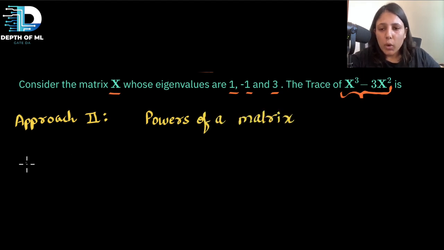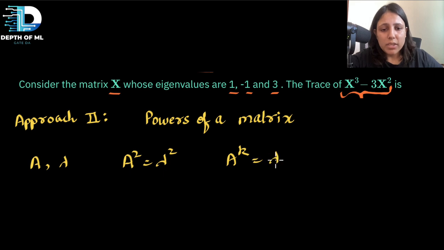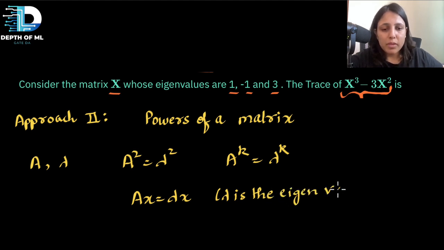So this comes from something known as powers of a matrix. What it says is that if A is a matrix with eigenvalue lambda, then A square will have eigenvalue lambda square, and A power k will have eigenvalue lambda power k. Let's see why this is true. We know that Ax is equal to lambda x, where lambda is the eigenvalue corresponding to the eigenvector x, right?